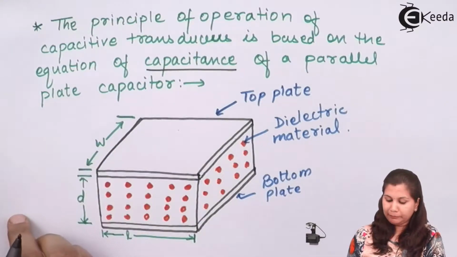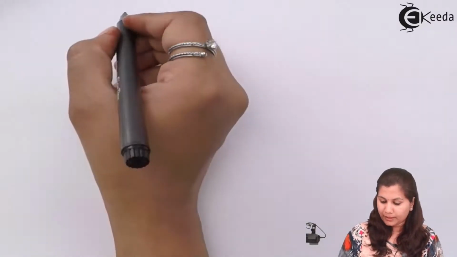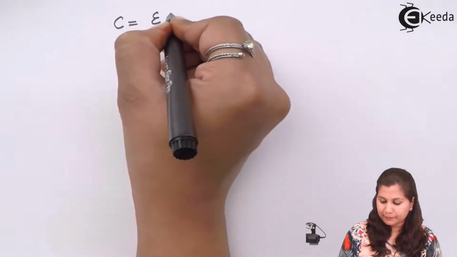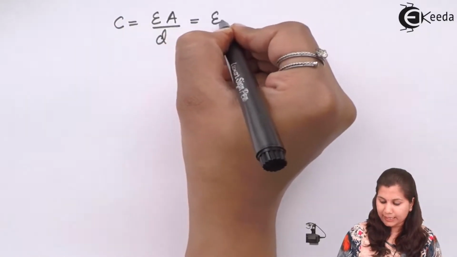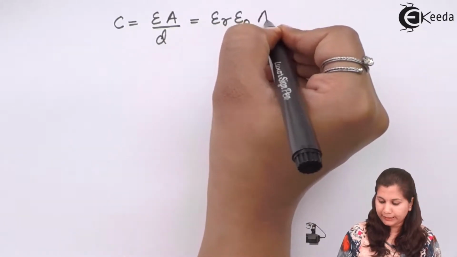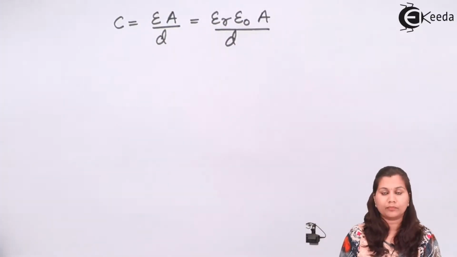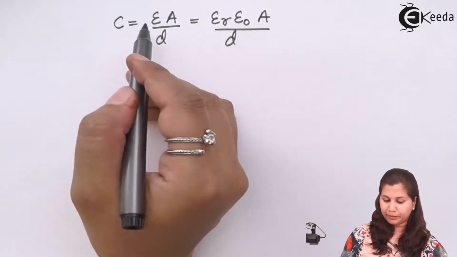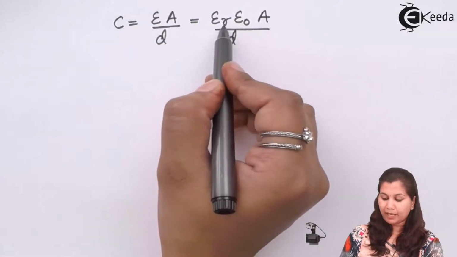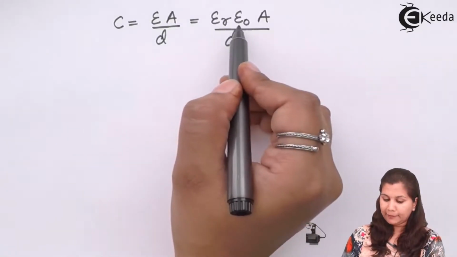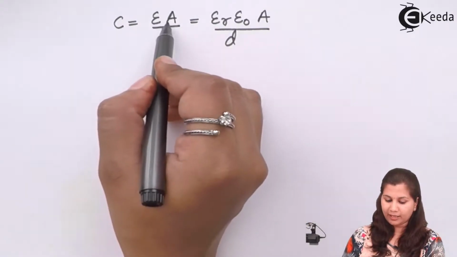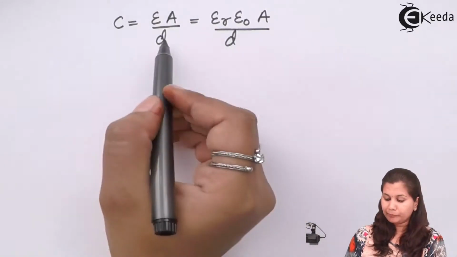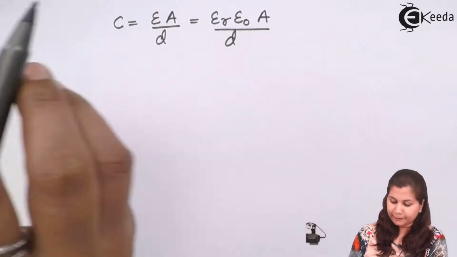For this parallel plate capacitor, the capacitance is given by the equation C equals epsilon A by d, or we can say it is epsilon R epsilon naught A by d, where epsilon is the permittivity of the medium, epsilon R is the relative permittivity, and epsilon naught is the permittivity of free space. A is the overlapping area of the plates, and d is the distance between the plates.